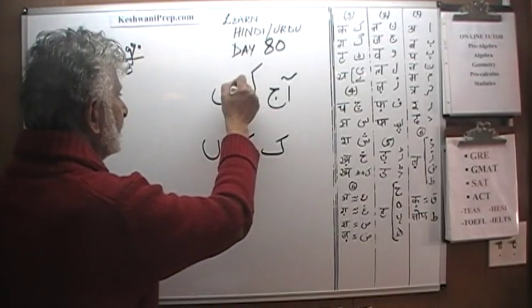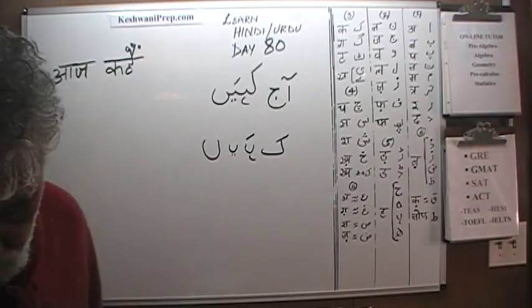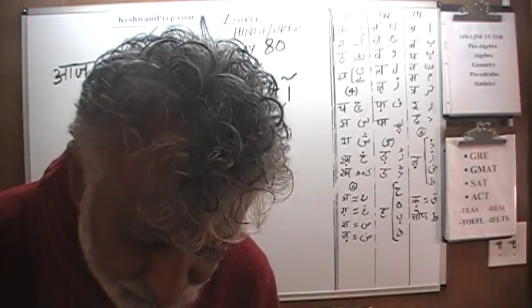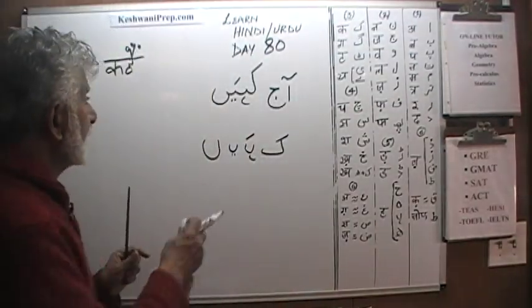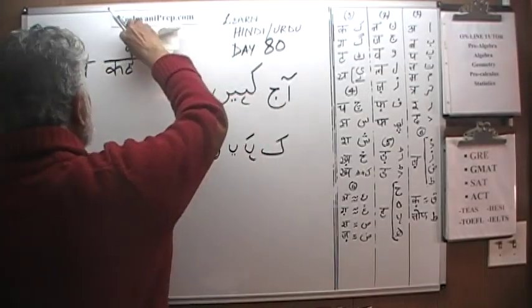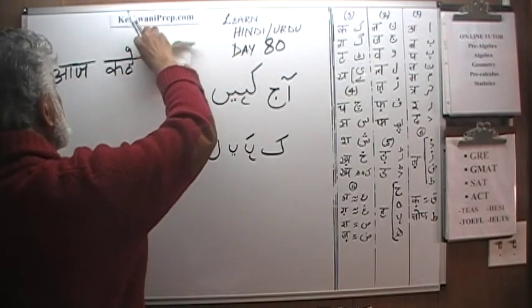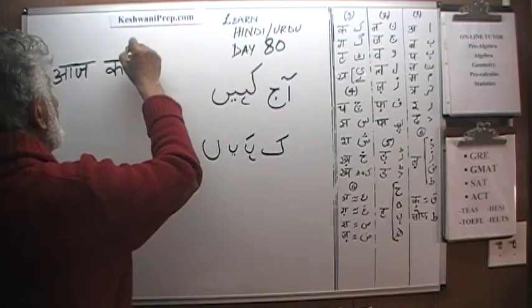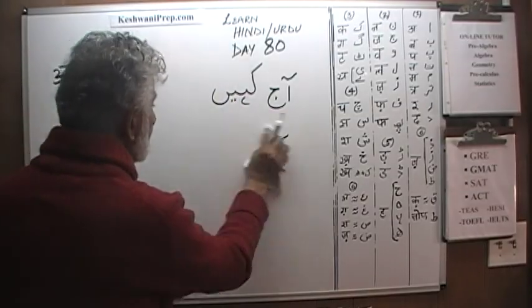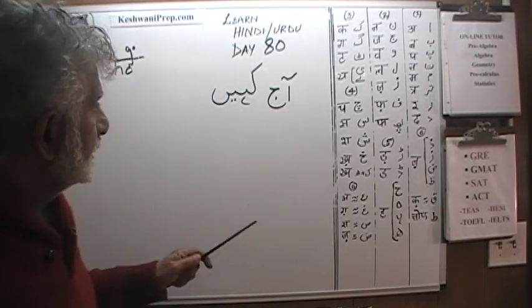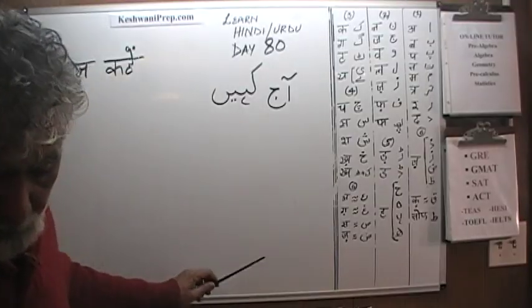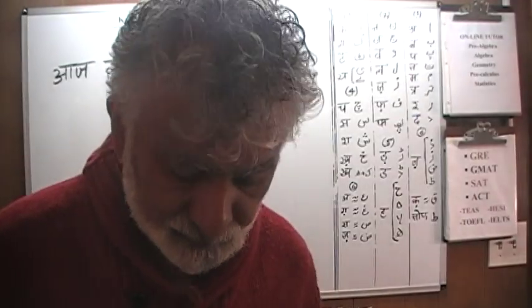And we need a zabar on top of her to convert into, actually it's a choti ye ki matra. We don't need any of that. I just realized it's a choti ye ki matra. Kahe. As soon as I wrote it in Urdu, I realized it was looking weird. That's how I caught myself. Kahe means to tell someone.